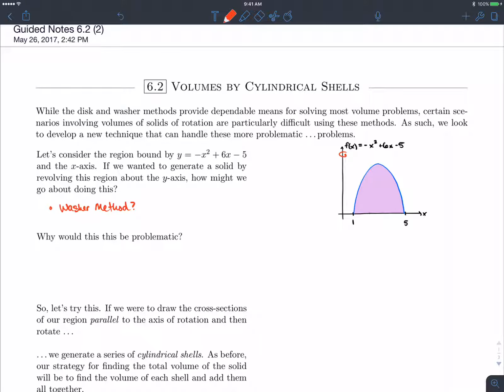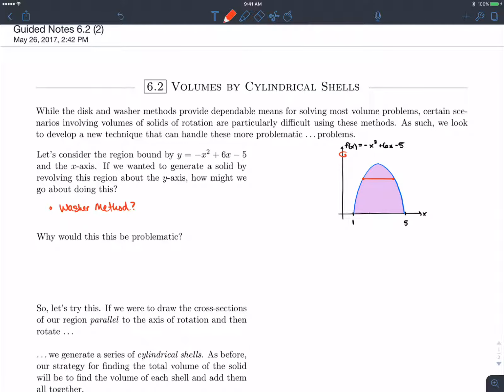Now, let me put that cross section back in there. What might be some of the problems we could run into if we try to do a washer method? Well, one issue that we might quickly find is that the inner radius and the outer radius of this washer are both the same curve.